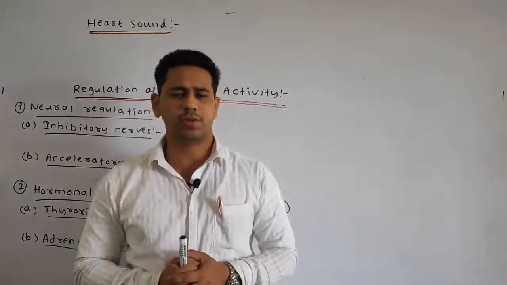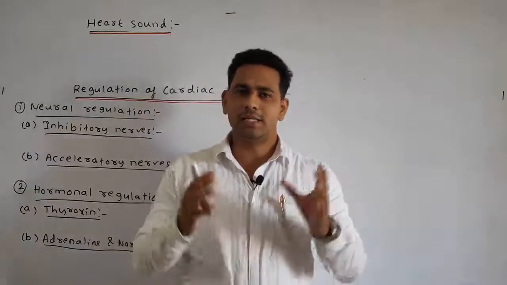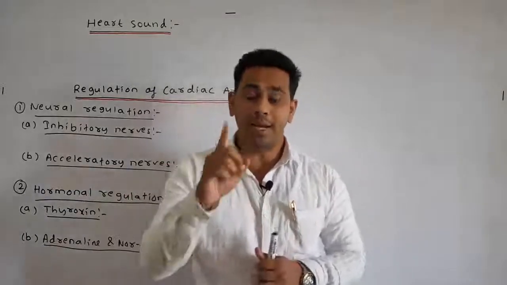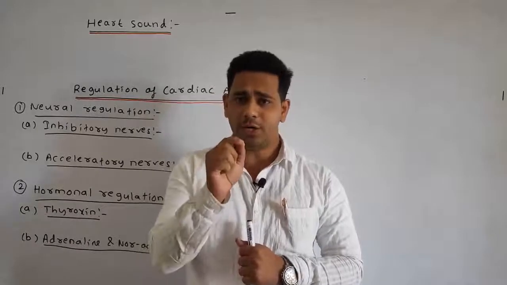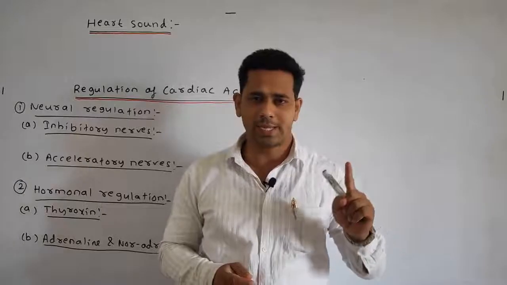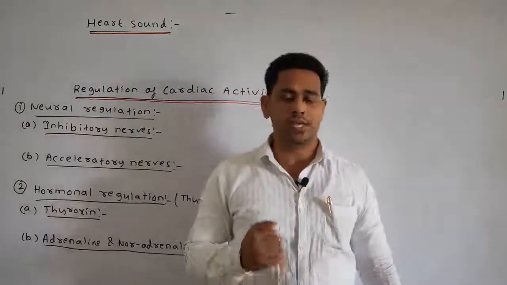Next students, we discussed the cardiac cycle. What is the cardiac cycle? It is the sequence of events that occurs inside the heart per beat. Our heart beats about 72 times per minute, so one beat takes about 0.8 second, less than 1 second.